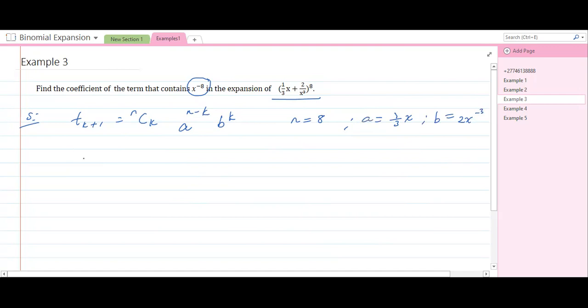So t k plus 1 is equal to n choose k, which is 8 choose k, that's what we need to determine, a to the power n minus k.